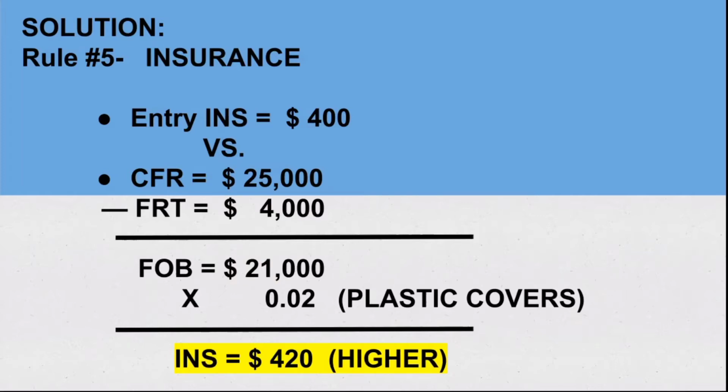Ang atong CFR is $25,000, minus na sa freight yung $4,000, and then we have $21,000 nga FOB, and then i-times na to or multiply na to sa 0.02 nga plastic cover nga insurance of the FOB, and then we have the insurance of $420. So obviously mas taas ang $420 nga sa 2%. So ang atong dutiable insurance is $420.